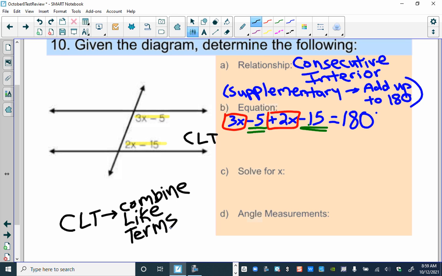So if we combine our x's, 3x, 2x, join together, how many total x's? How many total x's will we have? With those 3x and 2x's, how many x's in total?